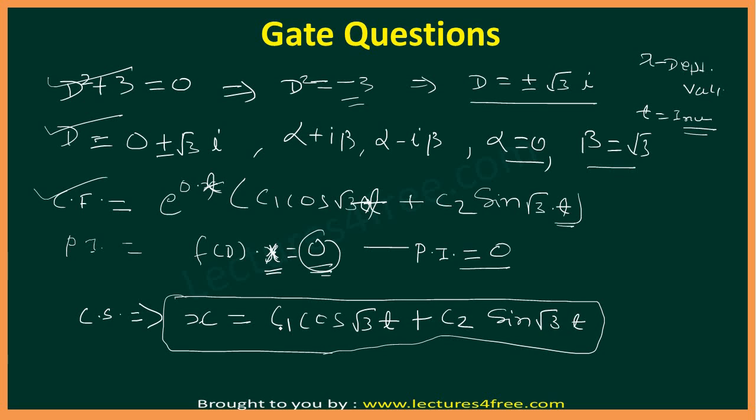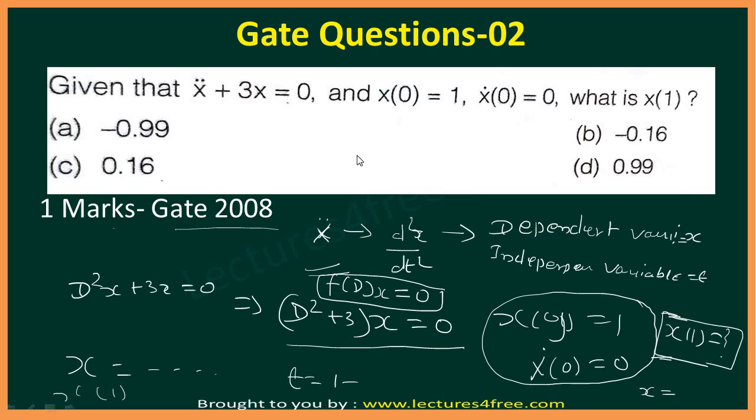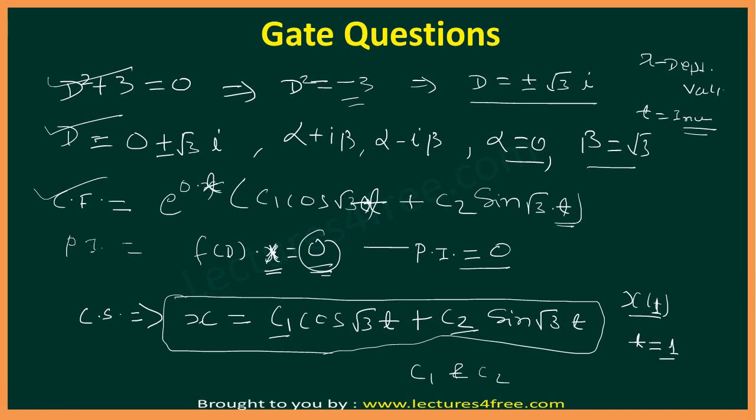But here you don't know the values of c1 and c2, so you cannot calculate the value of x(1), meaning the value of x when t is equal to 1, because you don't know c1 and c2 till now. So to get c1 and c2, let's apply the initial conditions given in the question: x(0) equal to 1, x dot(0) is equal to 0. Let's apply x(0) is equal to 1.